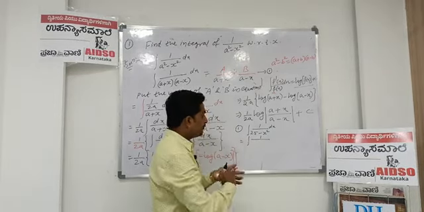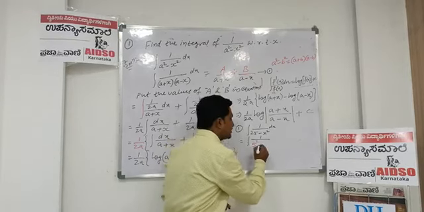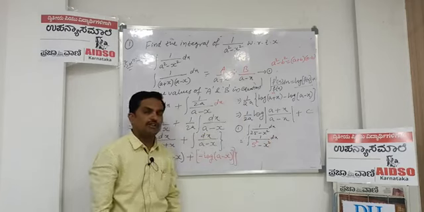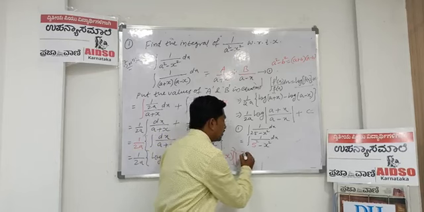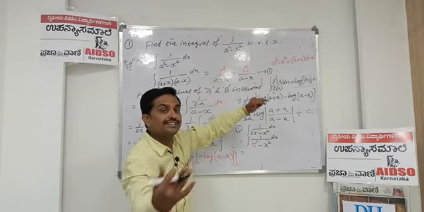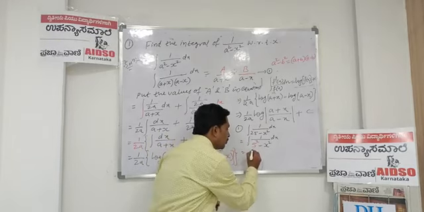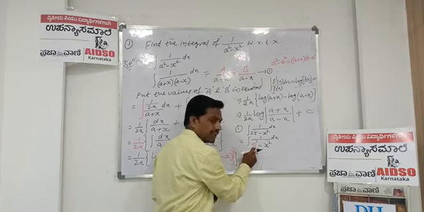Then in order to solve this, how can we simplify? 1 upon 25 will be equal to what? Here it is 5 square, and this is with what? Minus x square dx. So therefore it will be 1 divided by 5 square minus x square. So now it is in the form of a square minus x square. What is its formula? The formula is 1 upon 2a. So 1 upon 2 into, what is the value of a we are taking here? 5.